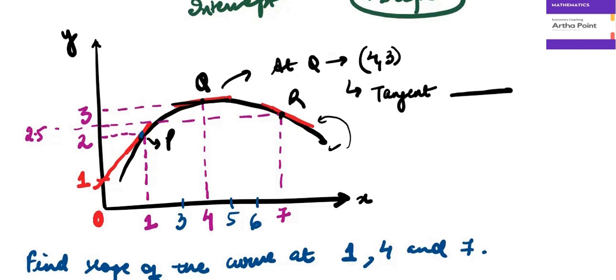And to find the slope of the tangent, which is a line, I need 2 coordinates. So therefore, I am giving you one more coordinate. This tangent also passes through the point 8, 2. Now can you find the slope?